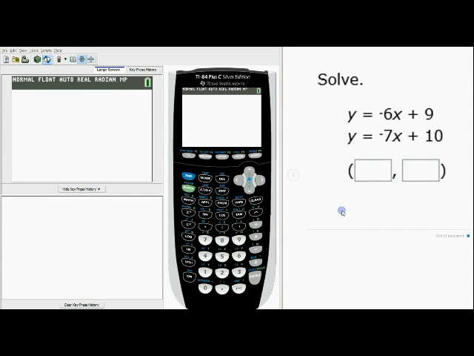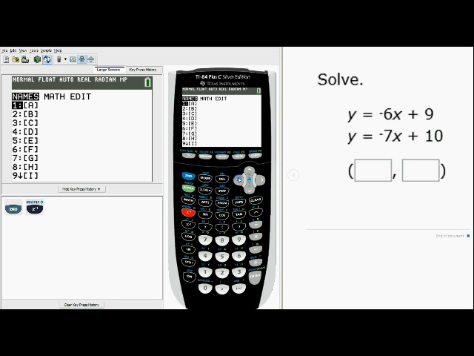Here's our second problem. So we're going to do the exact same thing, except our X's are on the other side. And it's real simple. We're just going to enter them into our calculator as positives, and these are our constants because they have no variables with them. So second matrix, edit, enter.